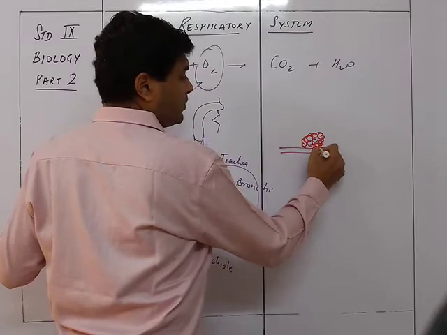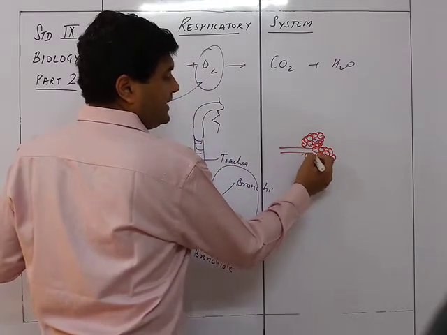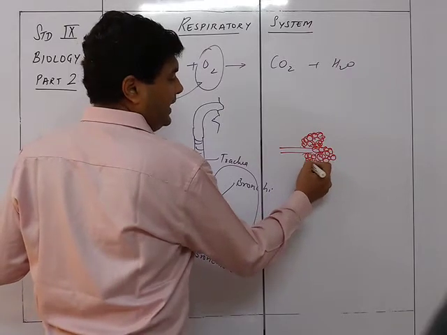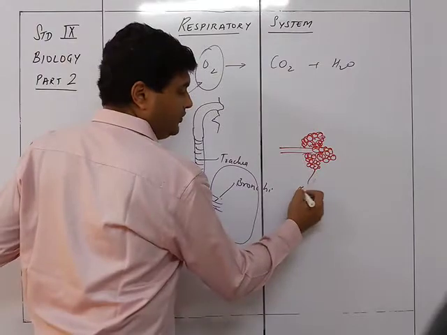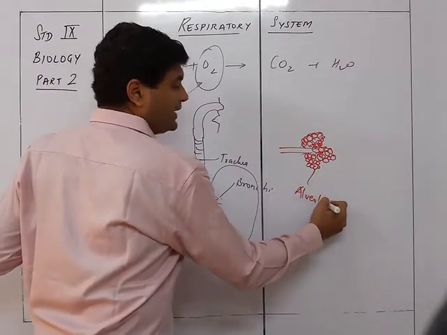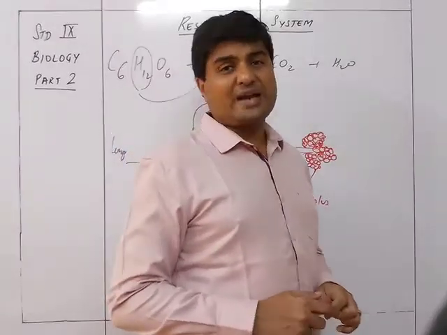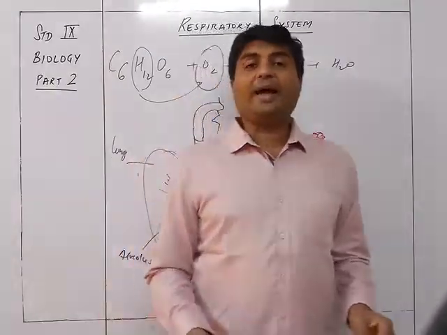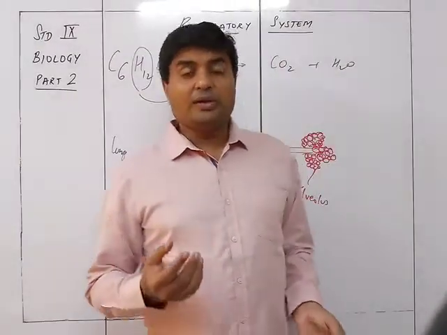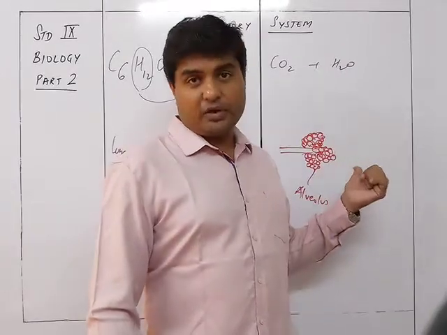In this arrangement, you can see the small ball-like structures which I am making over here. These are nothing but the air sacs, which are called the alveolus. This alveolus is the one in which the actual gaseous transfer between the blood and the lungs takes place. So the actual gaseous transport takes place inside this alveolus.